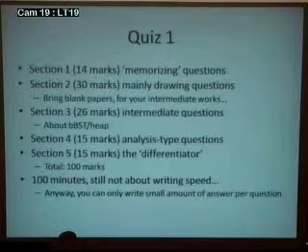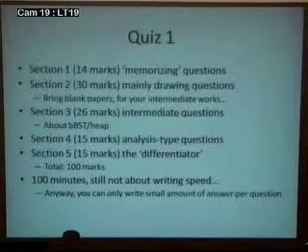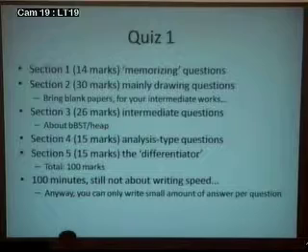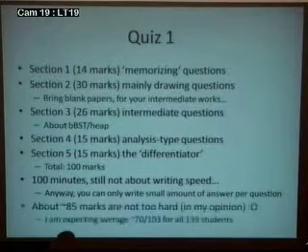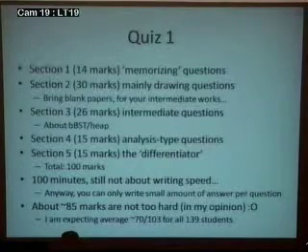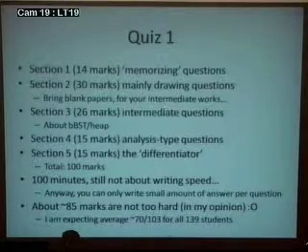Each of them usually has short answers. If you write longer than necessary, you are just wasting your time. I am looking for the main ideas, not the full details. I think 85 marks is doable. That's why I'm expecting an average of 70 out of 100 in this class of 139 students.